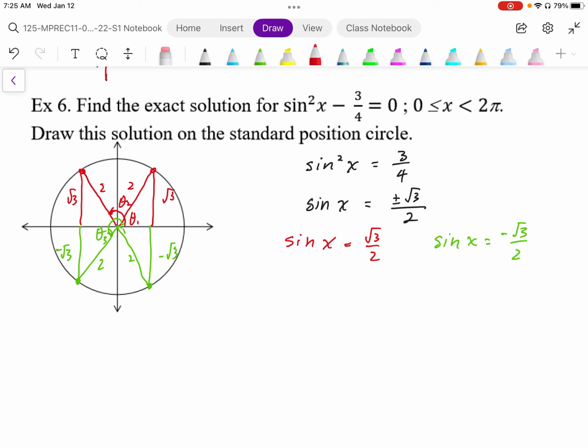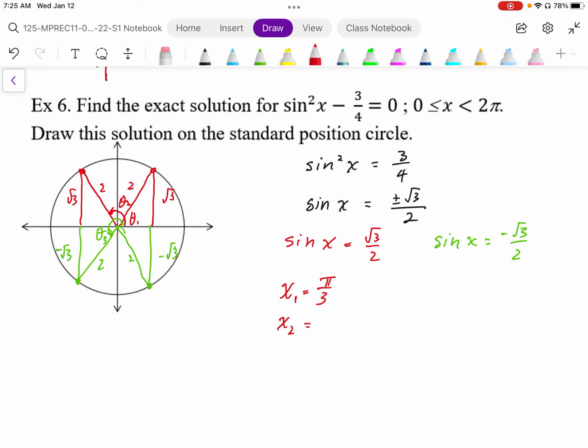Okay, so solving for x, since this is an exact value problem, we know that we have all the positions in the circle from 0 to 2 pi. So being an exact value, this is a 30-60 triangle, and so that's going to be 60 degrees, or pi over 3 in quadrant 1.